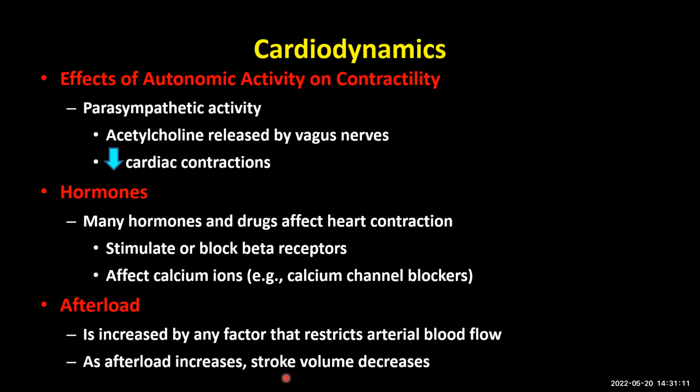You have to increase the cardiac contractility to overcome more pressure or more resistance from the aorta. And if you don't do that, what will happen there? The heart cannot contract enough. More blood remains in the left ventricle, and that causes a decrease in stroke volume.